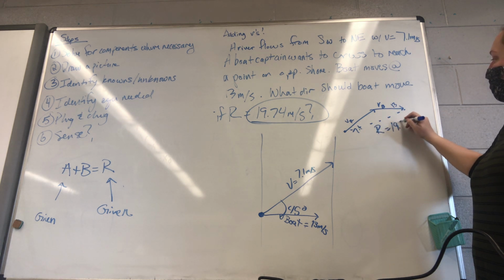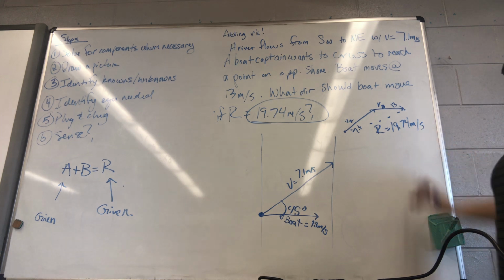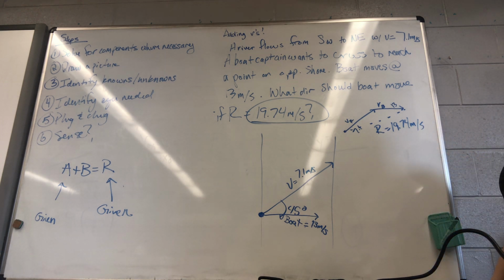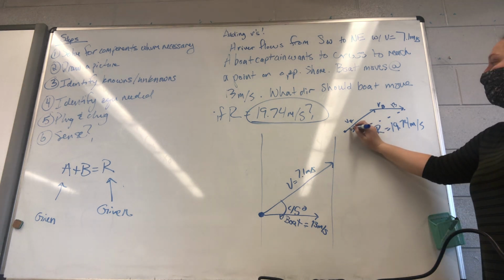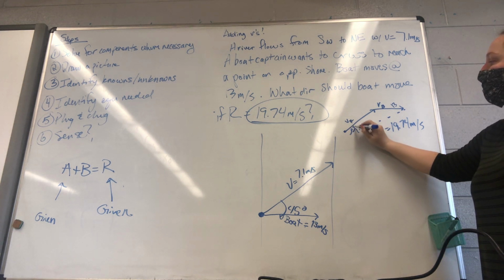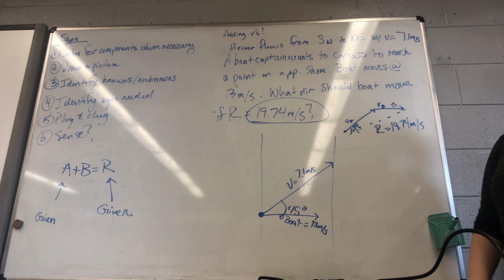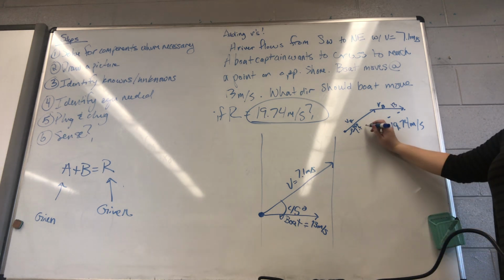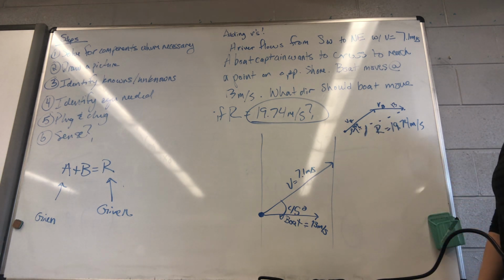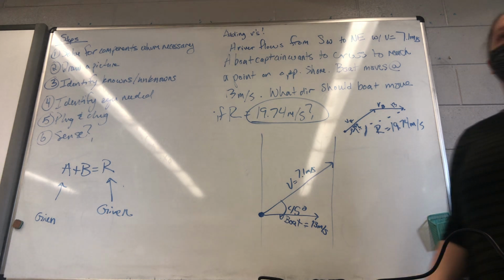R is 19.74 meters per second. Now what can we do with the given information? Remember that this is a 45-degree angle for the river. I want to know that theta R, the direction in which the boat will end up traveling.